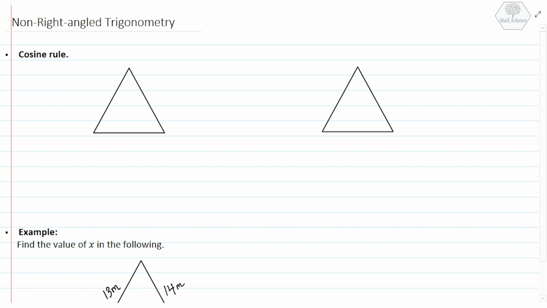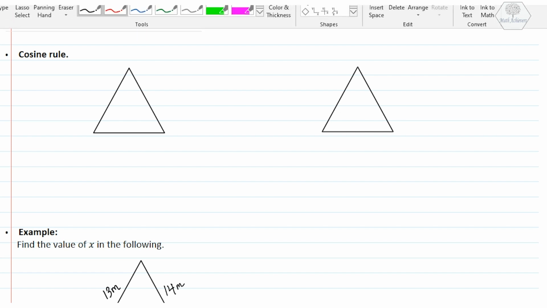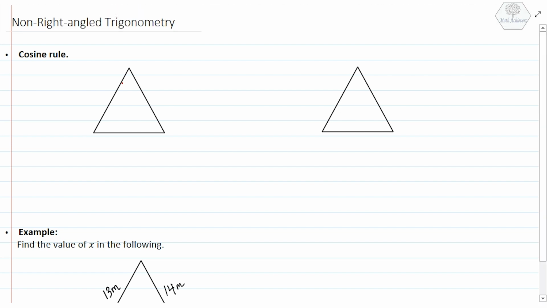The first thing about the cosine rule is that I need to label my angles.